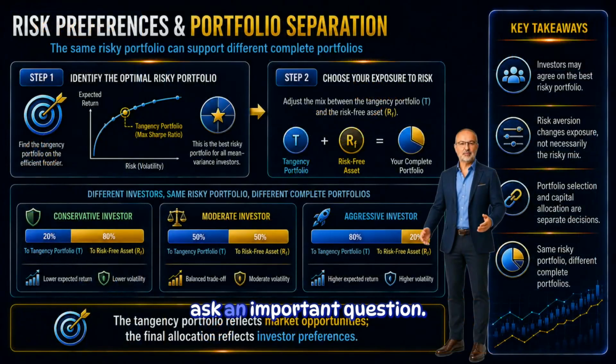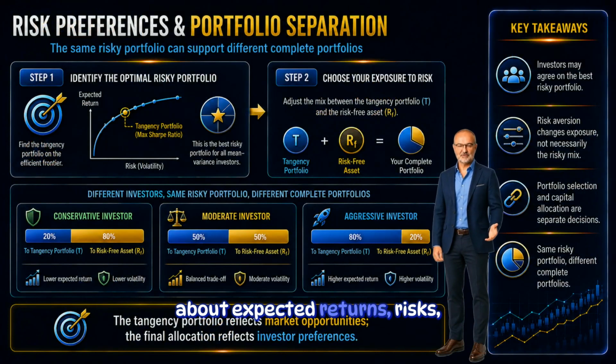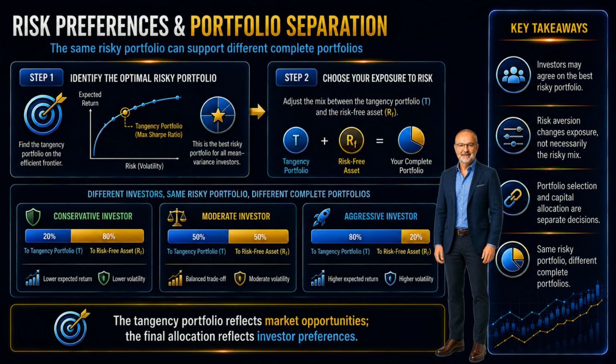Now we need to ask an important question. If all investors agree about expected returns, risks, and covariances, will they all hold the same complete portfolio? The answer is no. They may agree on the best risky portfolio, but they can still choose different amounts of exposure to it. This is where investor risk preferences enter the analysis. Some investors are more risk-averse.